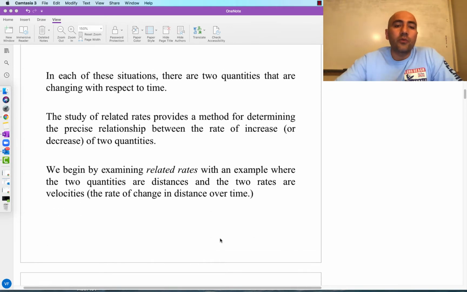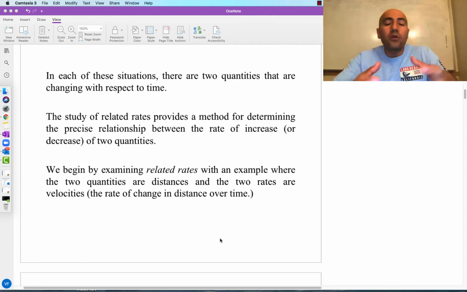Okay. All right, so what do all these things have in common? In each of these situations, there are two quantities that are changing with respect to time. The study of related rates provides a method for determining the precise relationship between the rate of increase or decrease of two quantities. Okay, so in every one of the cases we're going to look at, we're going to have a quantity that we want to examine.